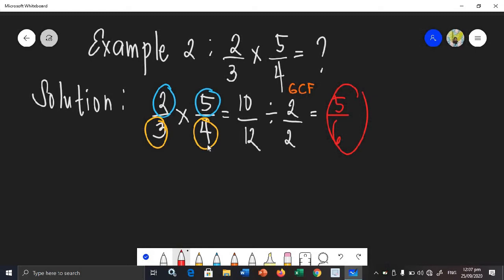When we are solving, we simplify last, which is to find the common factors and then divide. We look for the common factor and divide the numerator and the denominator by it to get the simplified form. But here, in multiplying fractions, we can simplify right away.